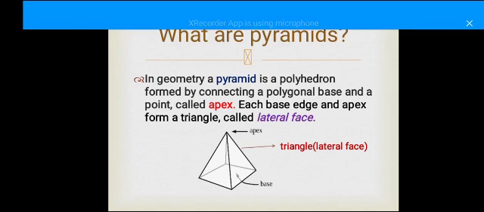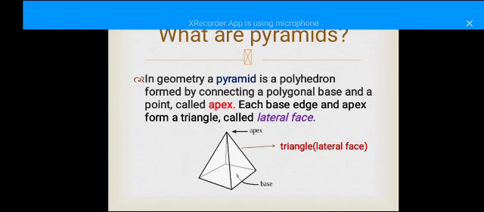And all the edges and all the corners of this plane base are connected to a common point called apex, as you can see in the diagram. The pyramid we have here has a square base, and the four corners of the base are linked up to a common point called the apex.